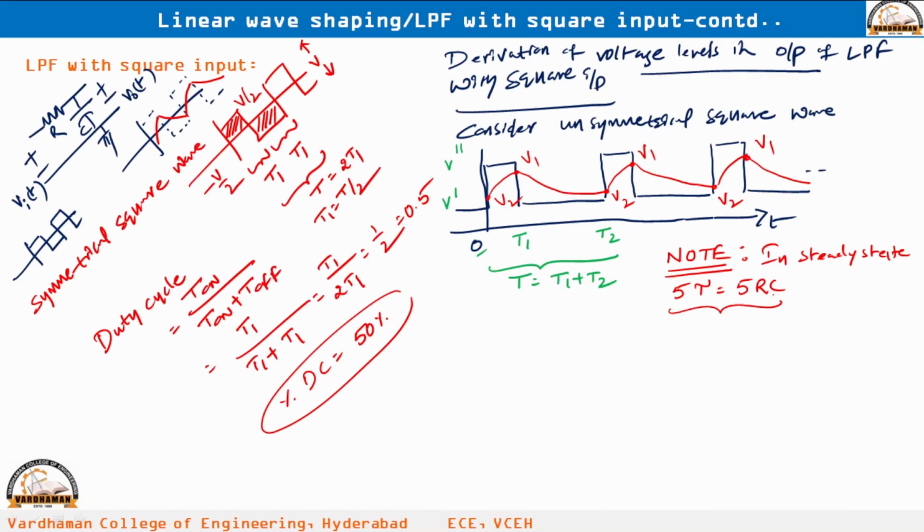Before this time, whatever output is there is called transient output. When time is less than 5 RC, 5 RC is a fixed value because R is fixed, C is fixed, but t is the variable. If you give the input and see the output just before 5 RC, then that is called transient.